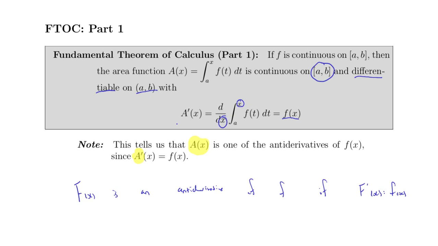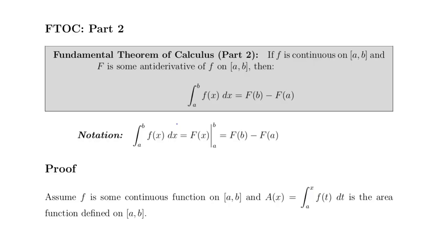This first part of the fundamental theorem of calculus proves essentially that if you have a continuous function, an antiderivative of that function exists on the interval that it's continuous. We'll come back to that later. Here's the second part of the fundamental theorem of calculus.